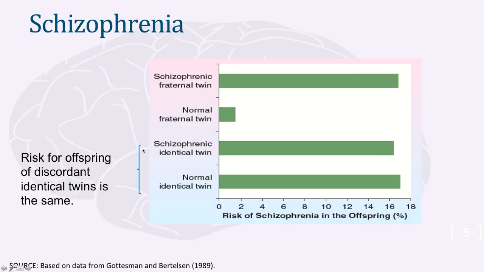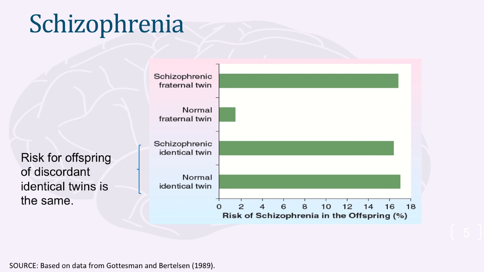Another way to look at the role of genetics is that it doesn't really matter whether a parent has schizophrenia or not. What matters is, does that parent carry the genes for schizophrenia? So let's take a look here. We have discordant identical twins where one individual has schizophrenia and their twin does not.